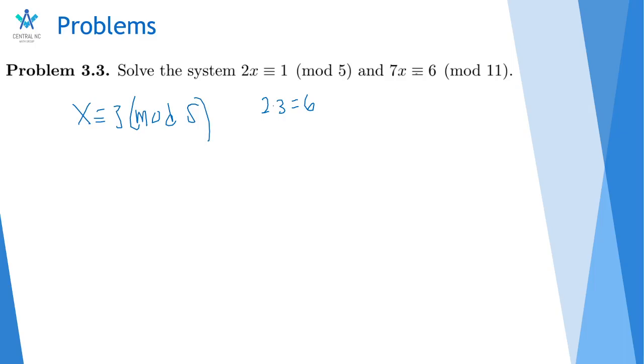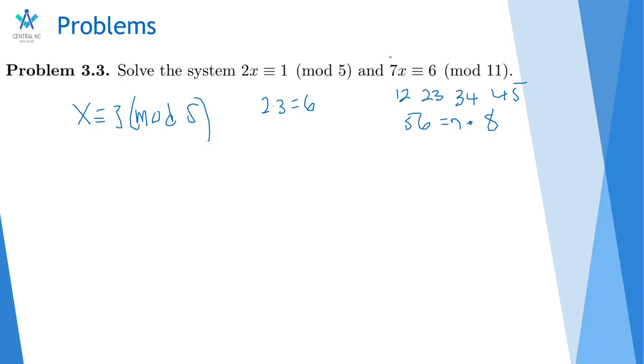And we can do the same thing for 7 here. Well, we have to list out the possible ways we can get the residue. So 11 times 1 plus 1 is 12. 11 times 2 plus 1 is 23. 11 times 3 plus 1 is 34. 11 times 4 plus 1 is 45. 11 times 5 plus 1 is 56, which is equal to 7 times 8. So 8 is the modular inverse of 7 modulo 11.